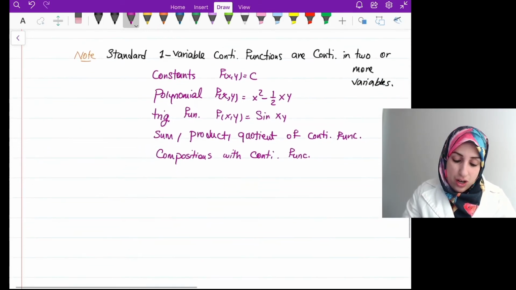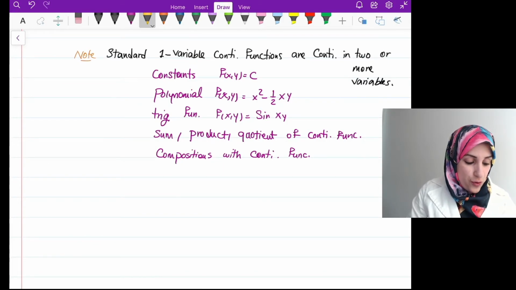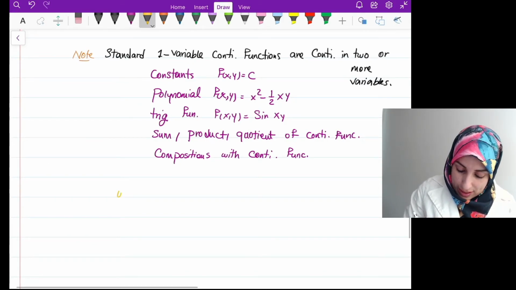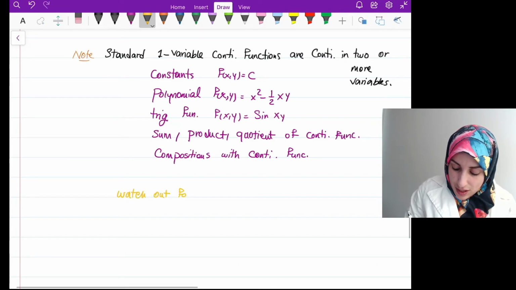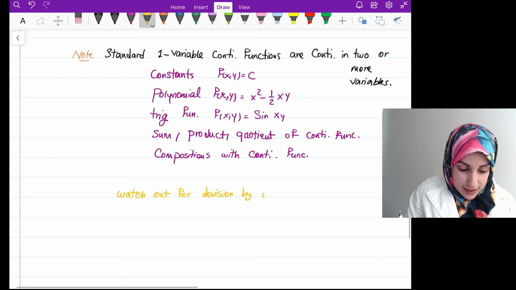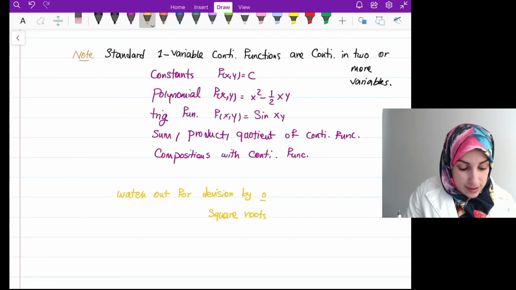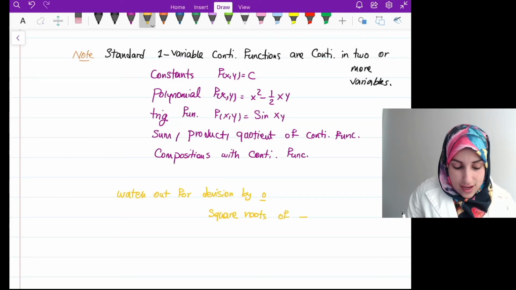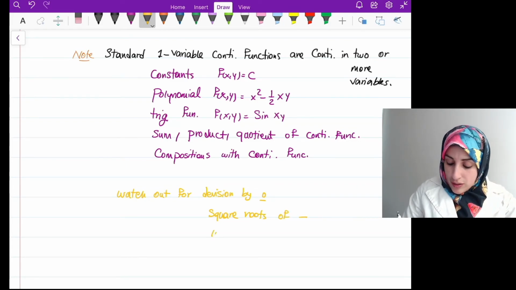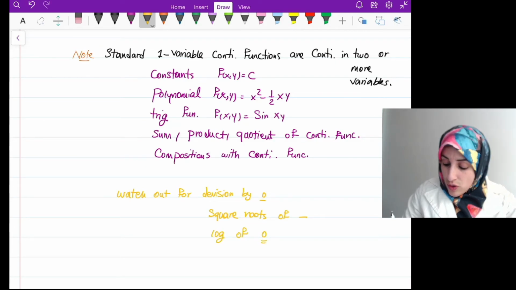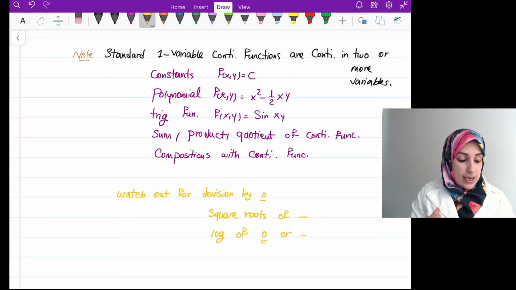All you need to do is watch out for division by zero. Watch out for square roots of negatives. Watch out for a log function, log of 0 or negative, anything like that.